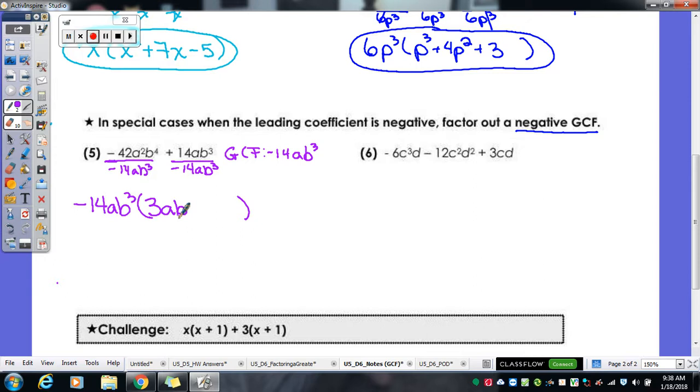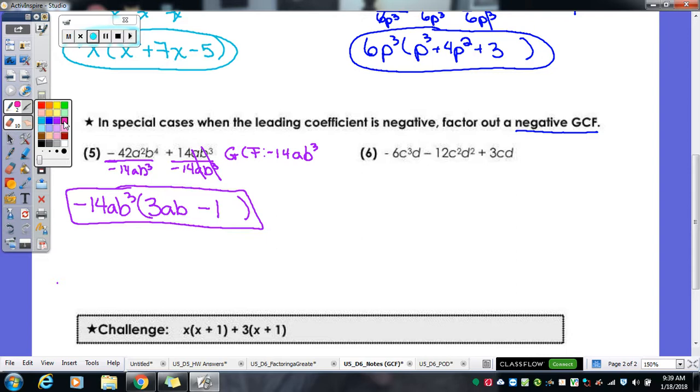So then here, 14 divided by negative 14 would be negative 1, and then your a's and your b's cancel. You have to have that negative 1 there. Because if you don't have it there, when you try to multiply back through with your GCF to check, you wouldn't get your last term. So it's kind of like last time when we were doing our division. I told you you have to have that 1 there at the end. You still need to have it there.